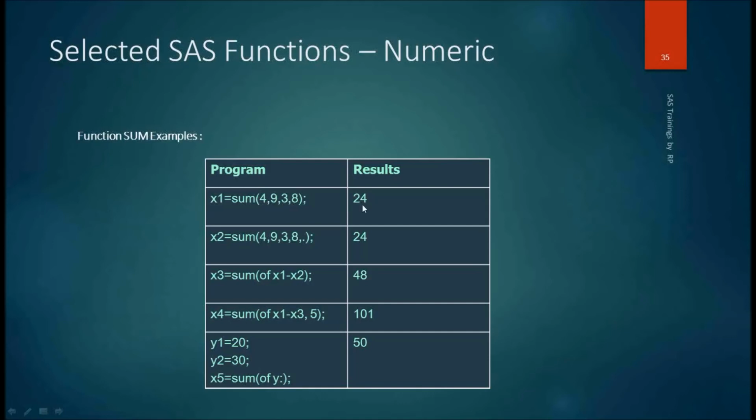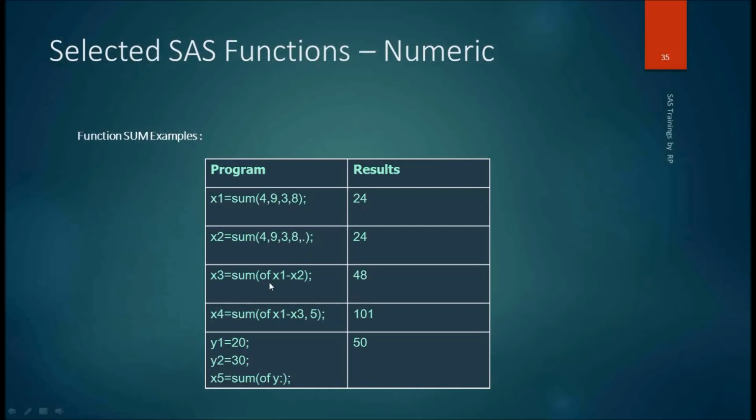If you sum this, it will create the value 24. And like I mentioned, the sum function only considers non-missing values. Here I am passing one missing value, but the sum function does not consider the missing value, and it gives the sum of the non-missing arguments.